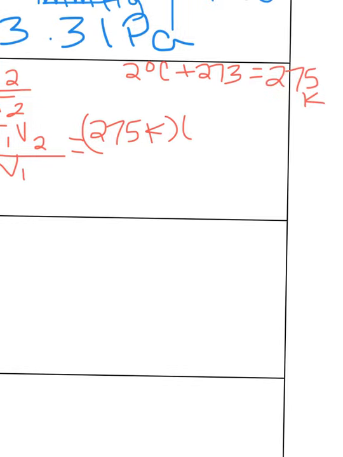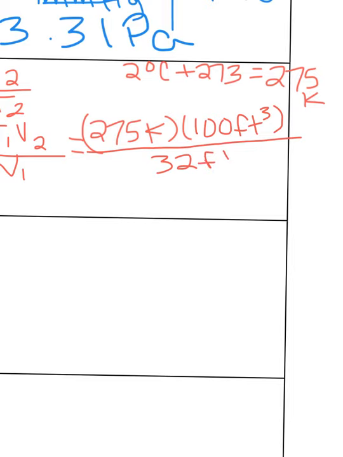I am not a fan of scientific notation, so if you want to write 100 cubic feet, fine with me. 100 feet cubed divided by 32 feet cubed. So it's 275 times 100 divided by 32.